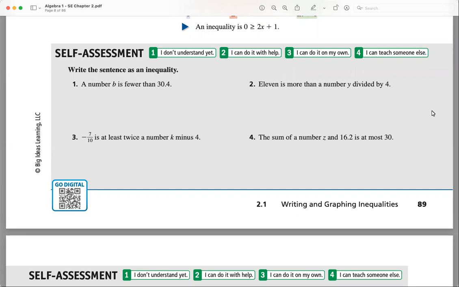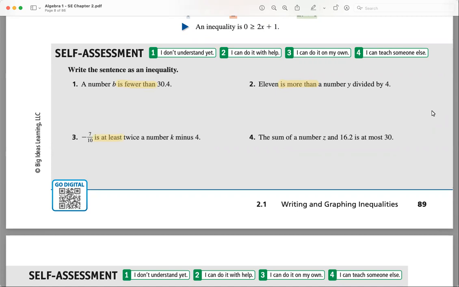So let's take a look at number 1. A number B is fewer than. Okay, so I'm going to highlight in all of them and then I'll work them out. So "is fewer than" is our inequality symbol. 11 is more than, that's our inequality symbol. -7/10 is at least, that's your inequality symbol.